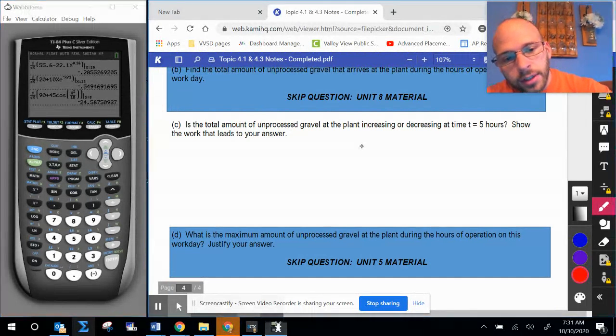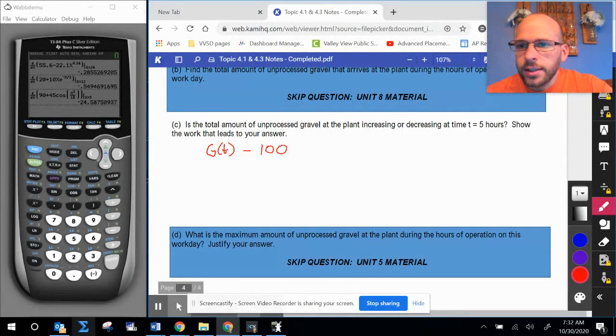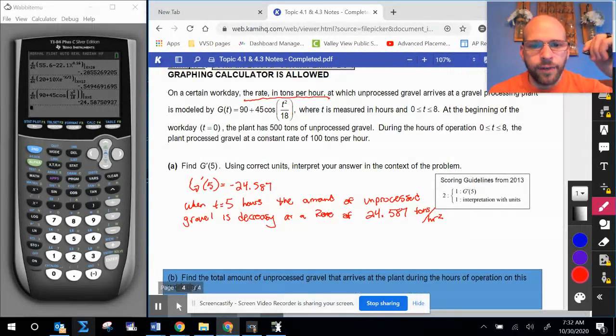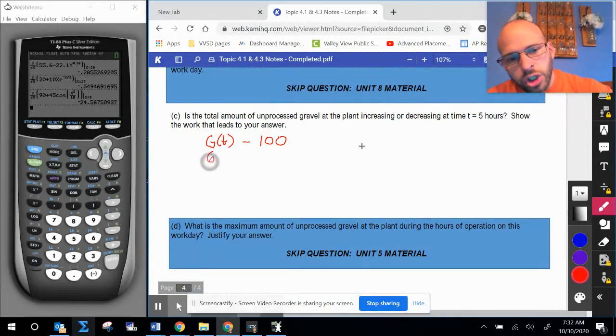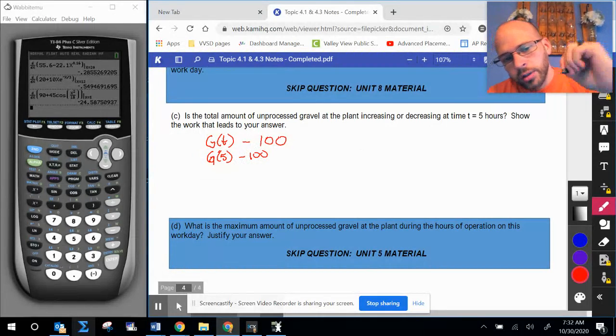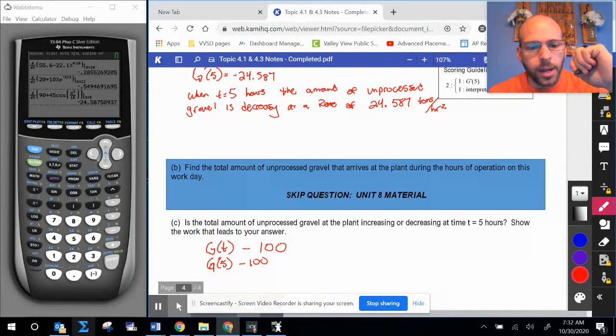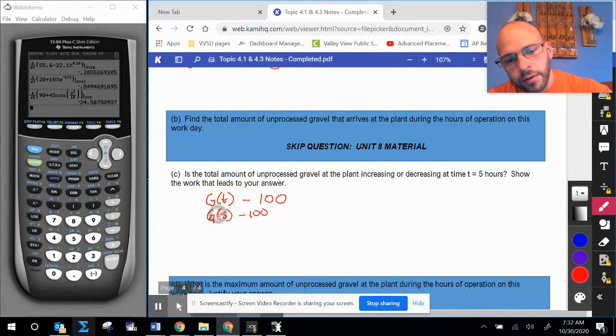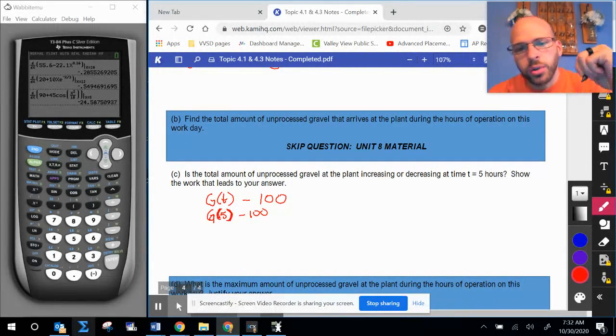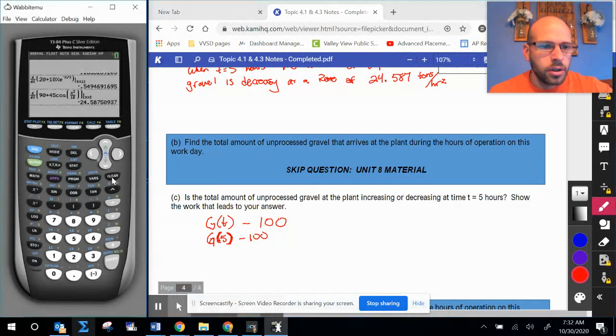So it's arriving at a rate of G of t, but then I'm removing it, I'm processing it at a rate of 100, okay? So if I were to do this at 5, I want to know G of 5 minus 100. Not G prime of 5, just G of 5, because G was already a rate of change.